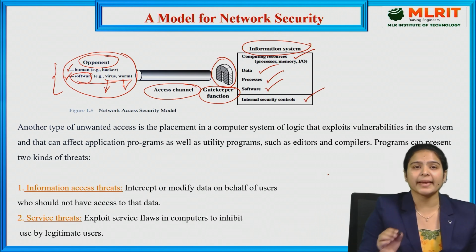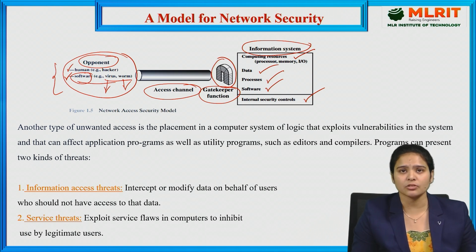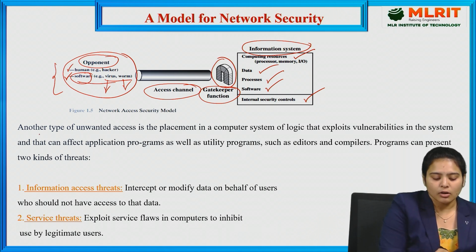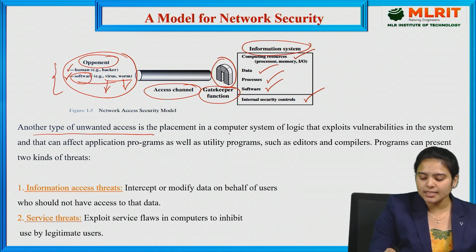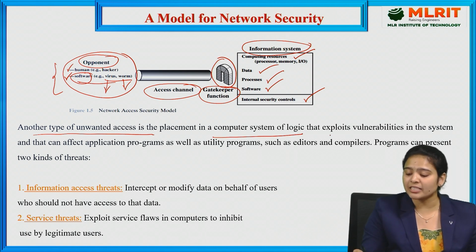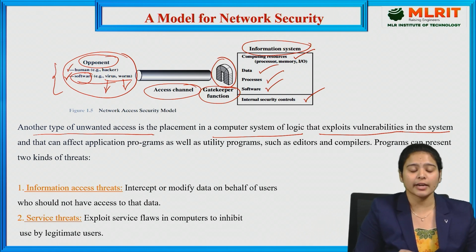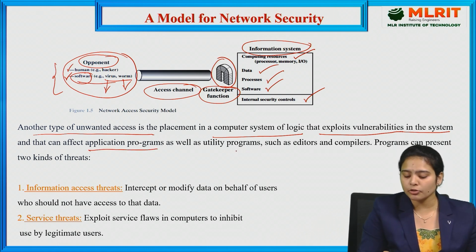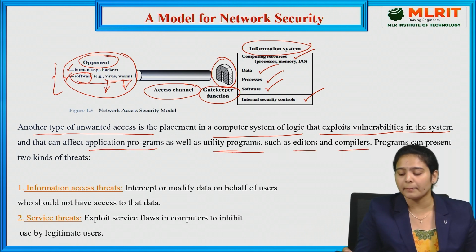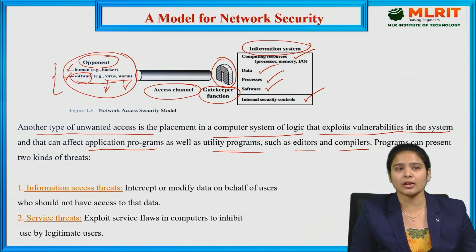The main theme of network security is to hide our personal information and keep it more secure. Another type of unwanted access is computer logic that exploits vulnerabilities in the system. It can affect any application programs and also utility programs such as editors or compilers. So editors and compilers can also be used to exploit vulnerabilities in the system.